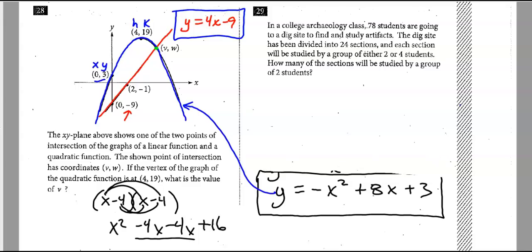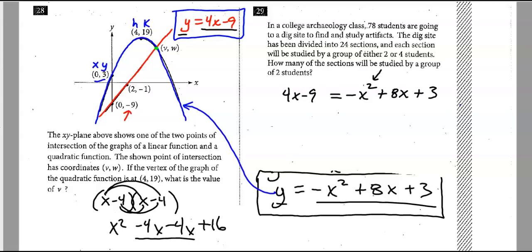So I now can say, well, if y equals this stuff and y equals this stuff, the two stuffs should be equal to each other. And now we can solve this equation, which is still somewhat nasty. This tells me I have a quadratic, so I need to set it equal to 0.